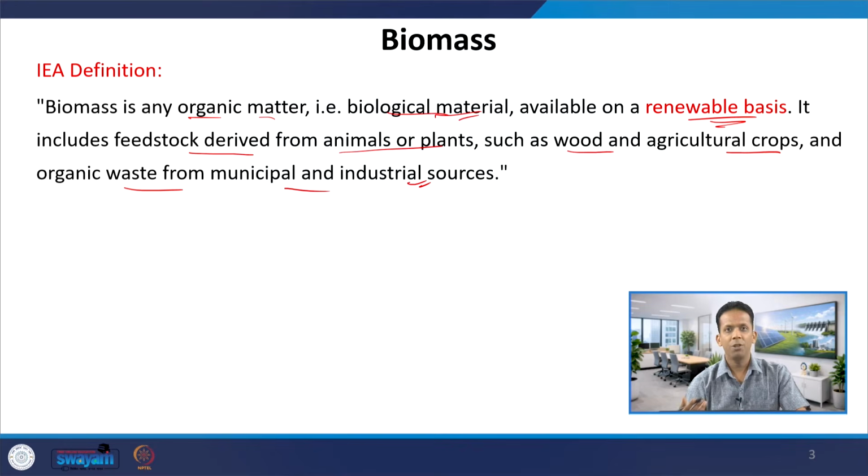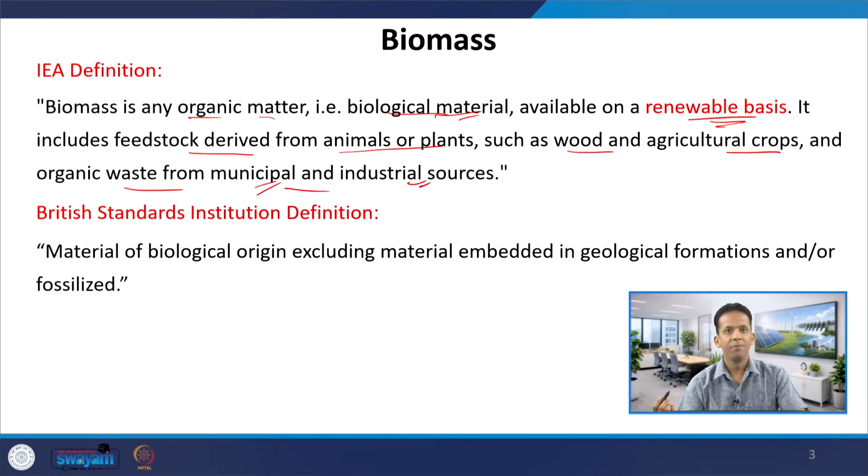There are many food processing industries which generate waste of biogenic origin. Municipal solid waste, though the major components would be paper, plastic, cardboard, but a significant portion is biodegradable matter, and that biodegradable or organic portion of MSW is nothing but biomass.